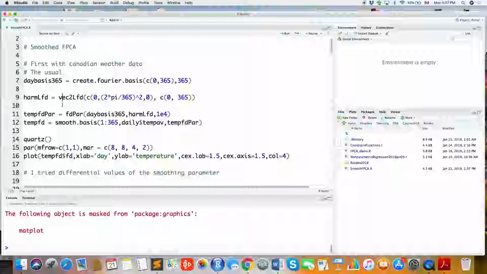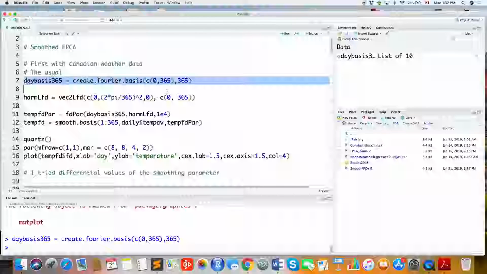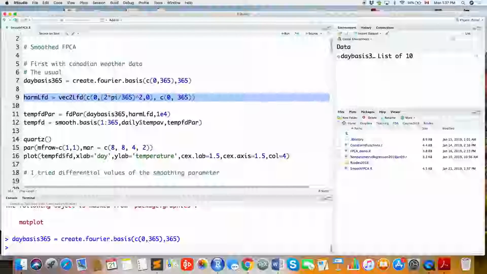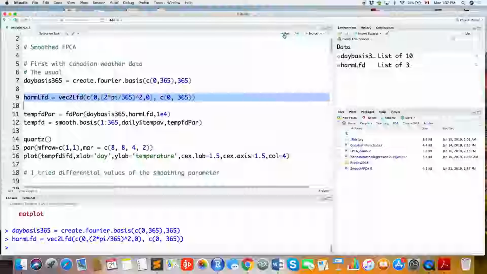So let's first talk about how to do the smooth version of FPCA, where we can control the smoothness of functional principal components. We were using the Canadian weather data as the example. We first created a Fourier basis with 365 basis functions, and then we define the harmonic acceleration differential operator.